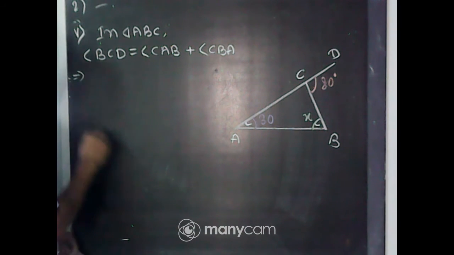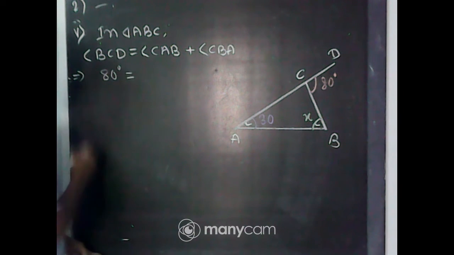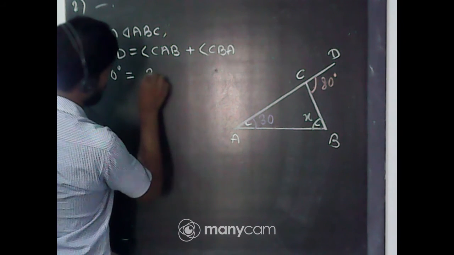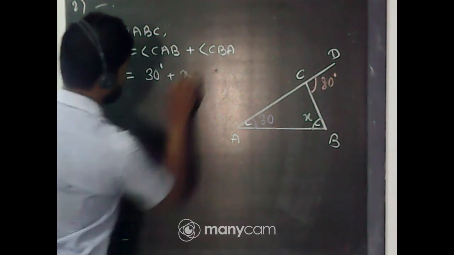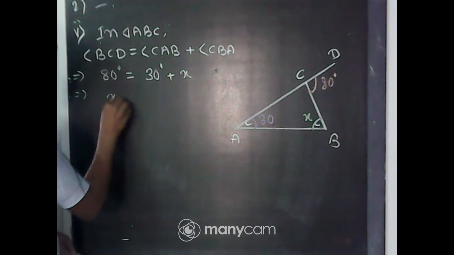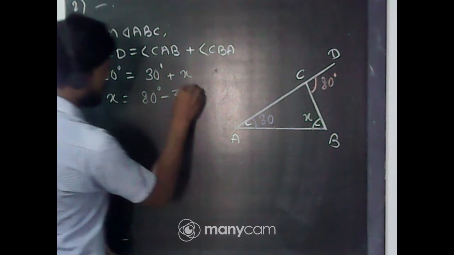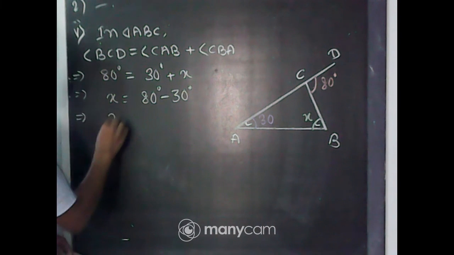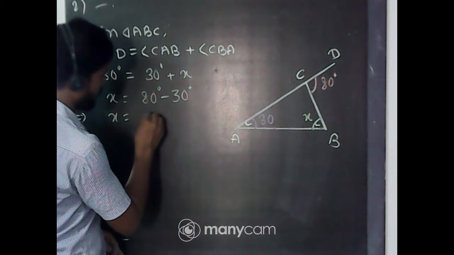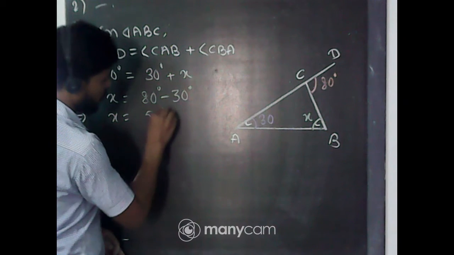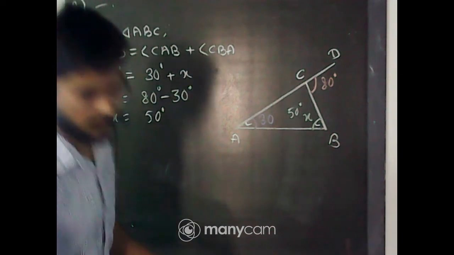Now put the values: BCD is equal to 80 degrees, CAB is equal to 30 degrees, and this is x degrees. Now from here, what is the value of x? x will be 80 degrees minus 30 degrees. Subtracting 30 from 80, it will be 50 degrees. That means the value of x is equal to 50 degrees. 50 degrees is the answer.